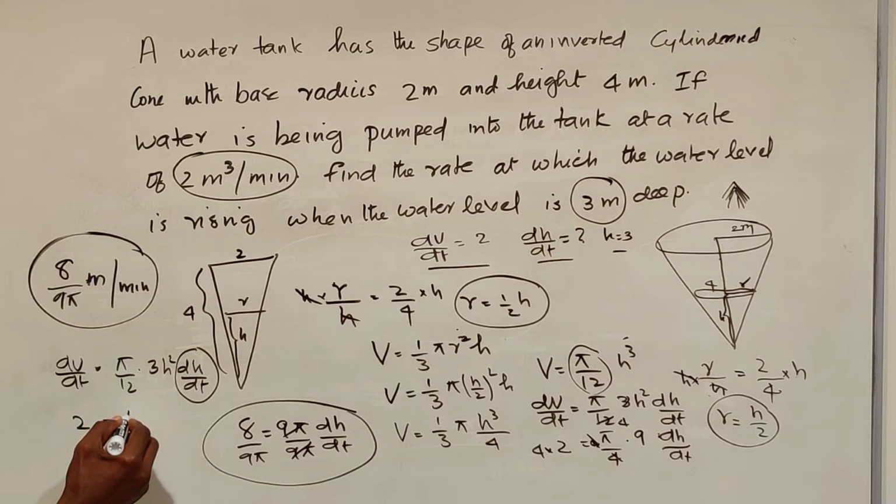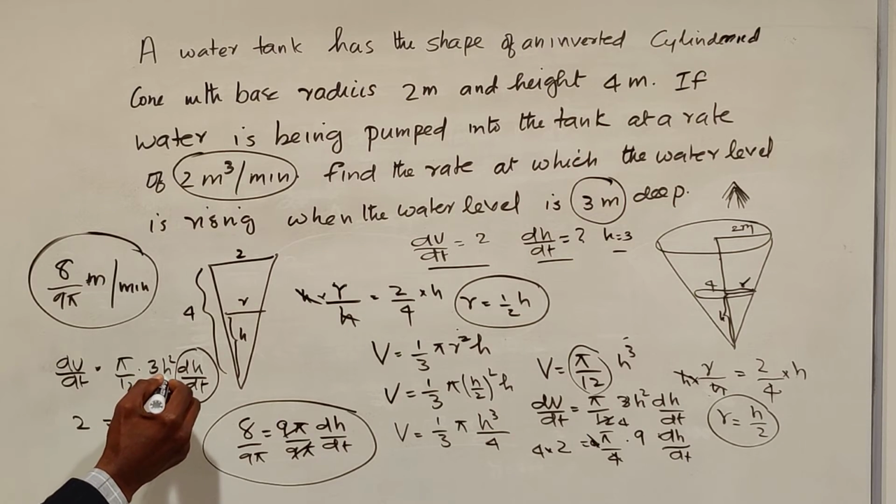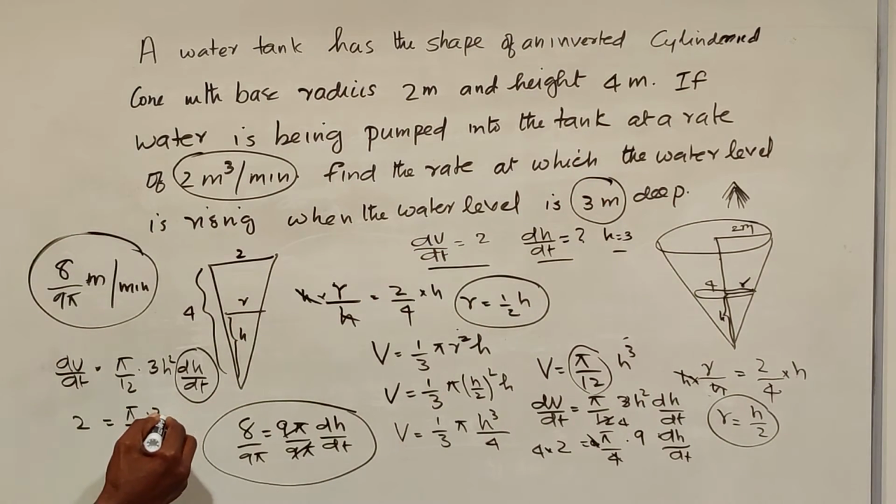2 equals pi by 12 into 3 into, what is h? H is 3, into 3 square, times dh by dt. Okay, this is 9. 9 times 3, 27. So you can cancel out one, that is more easy. 3 and 12, when you cancel out, 4 3s are 12.